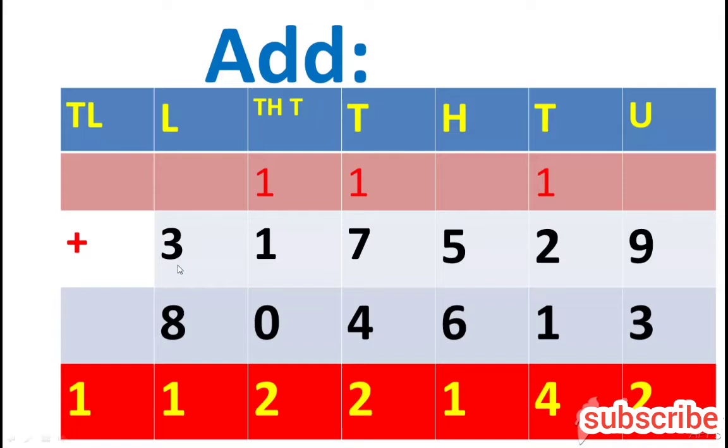The question is 3,17,529 plus 8,04,613. 9 plus 3 is equal to 12. 1 is tens and 2 is unit.